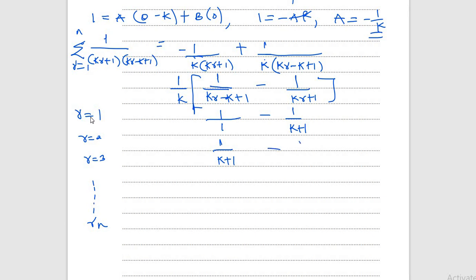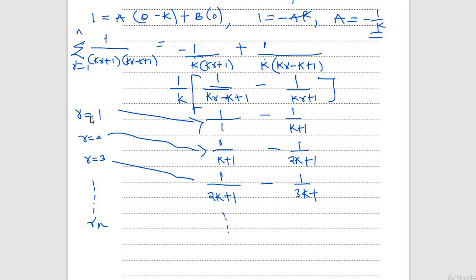When R is 2, here is 2K plus 1. When R is 3, this is R equal to 1, this is 2. When R is 3, that will be 1 over 3K minus K, 2K plus 1, minus, when R is 3, is 3K plus 1.